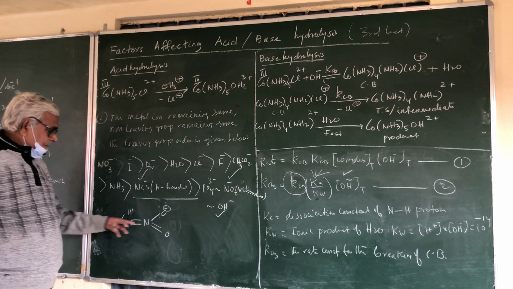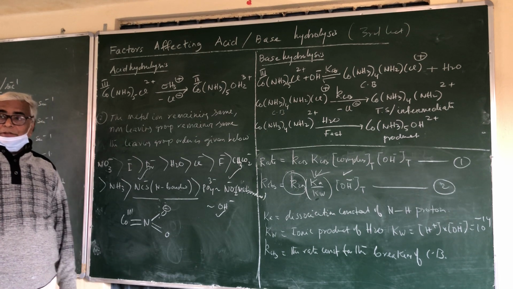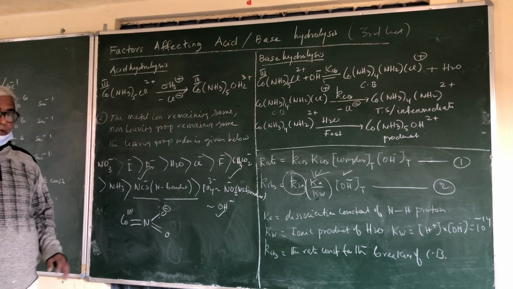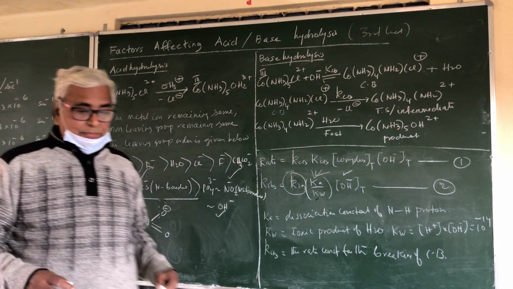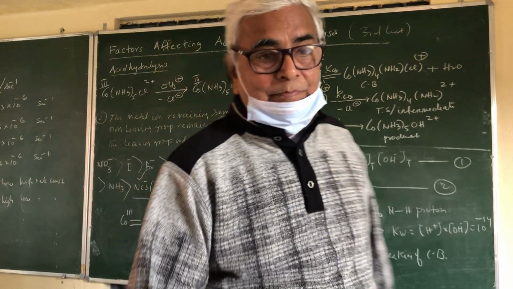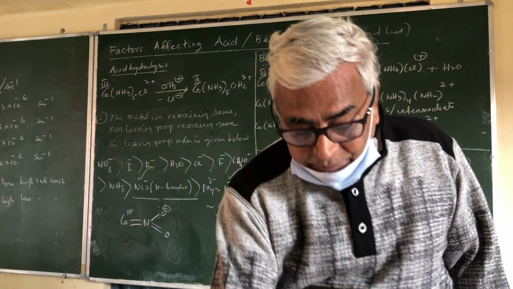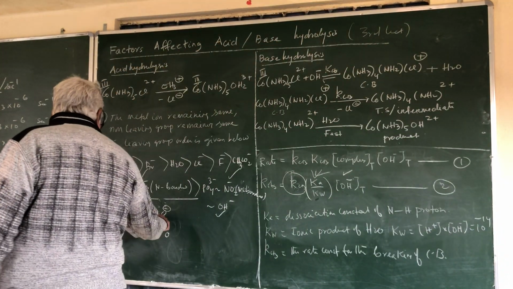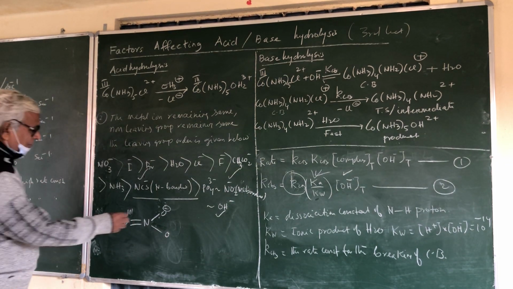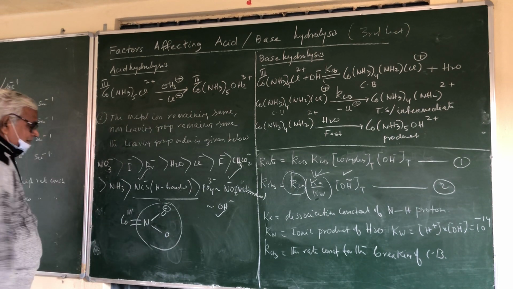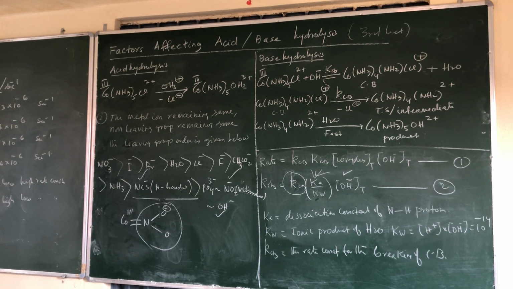So pi bond formation with the metal is possible. The filled d orbital of the cobalt can overlap with a suitable p orbital of the nitrogen. As a result, pi bond formation takes place. So for those ligands which can form a pi bond with the metal center, expulsion of the leaving group is not easy. Expulsion of the leaving group will become difficult. As a result, the rate will be low.